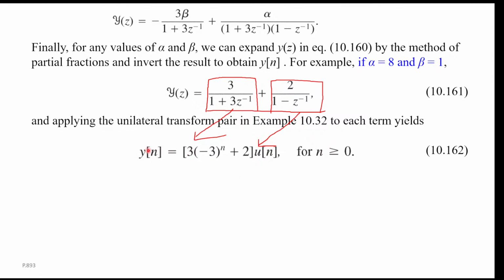And we see that y of n will equal 3 times, with a equal to minus 3 here, so minus 3 to the n, plus 2, with a equal to 1 here, and u of n. And so y of n equals this for n greater or equal to 0. Okay, and this is an initial value problem starting from n equal to 0.